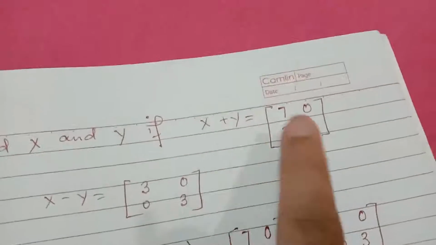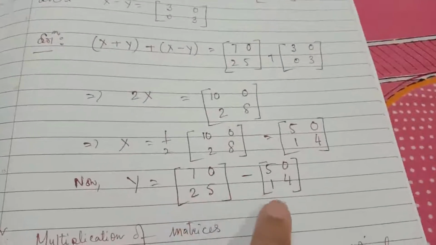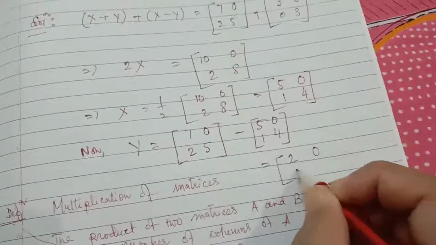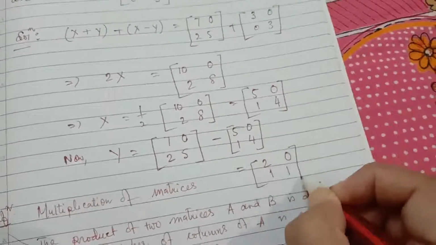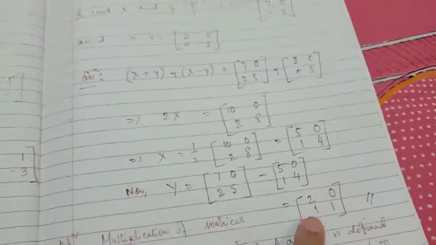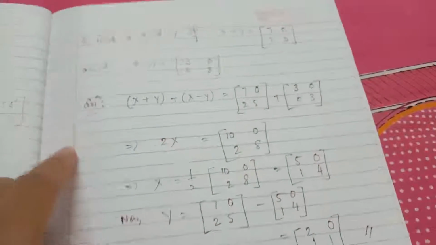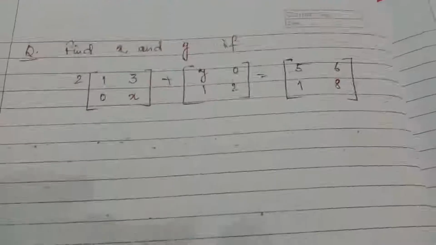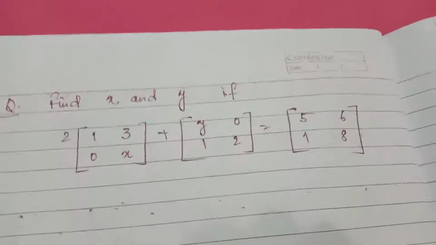So matrix Y equals 7 0 2 5 minus this, which we can write as 2 0 1 1. This is the value of Y. So this is the matrix X and this is the matrix Y. Just like the elimination method we learned in class 10, we have to find the matrix X and matrix Y.